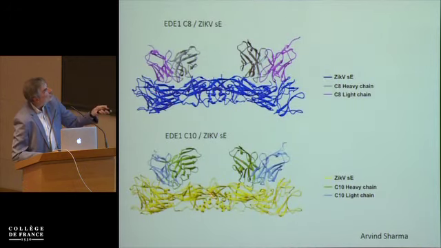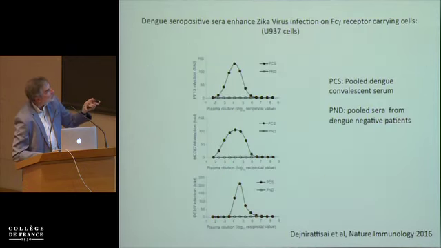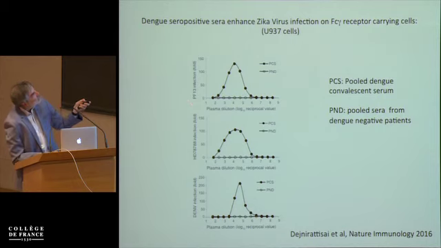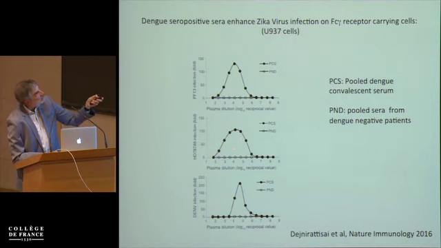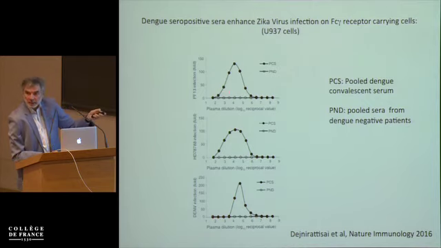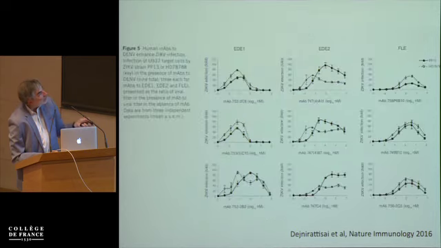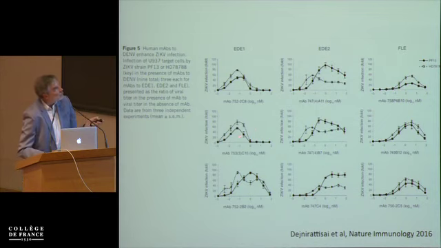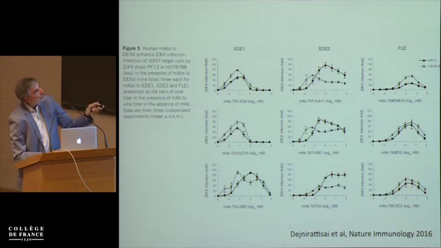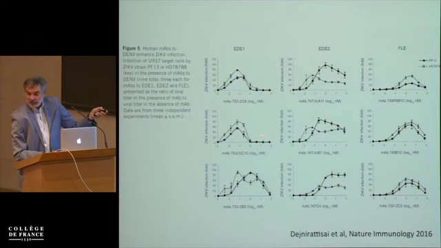We have done two different antibodies with this, so I'll just skip. One of the things I wanted to mention is that in parallel, our colleagues in London were able to show that the serum from convalescent dengue patients all enhance the infection by Zika virus. In tests of enhancement, you find any antibody will enhance if you put it at concentrations less than the IC50.